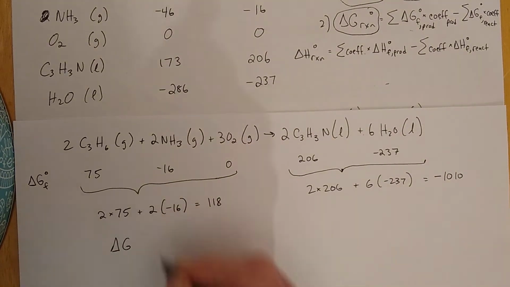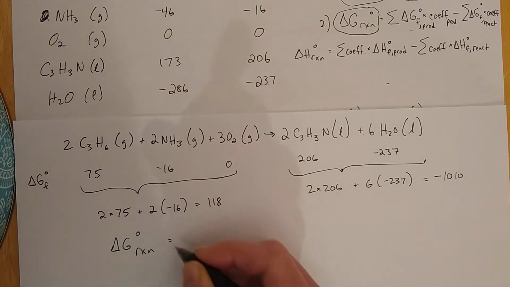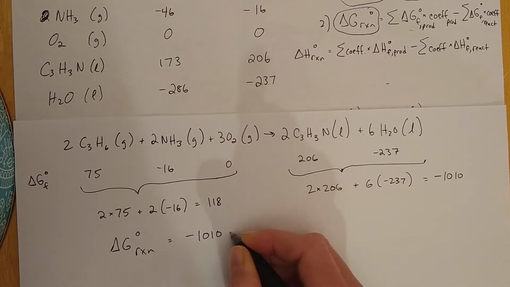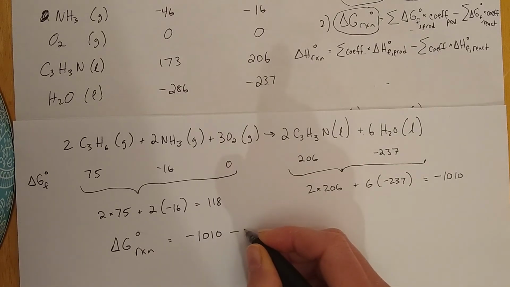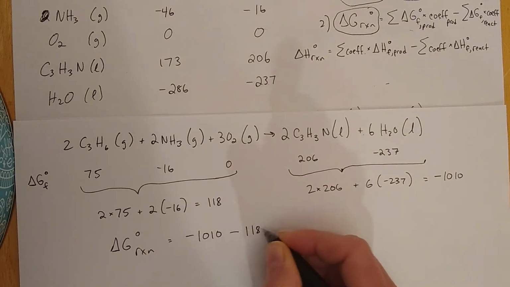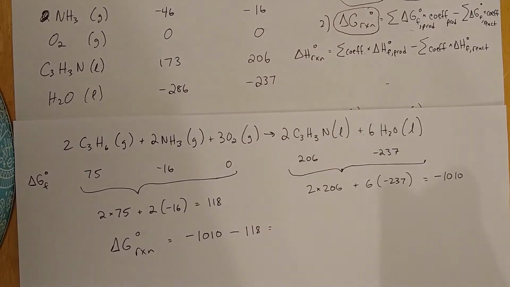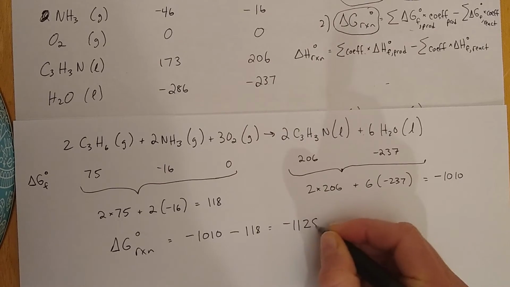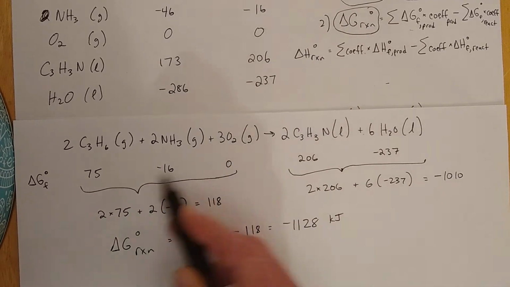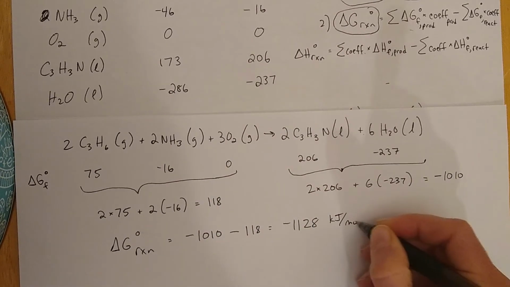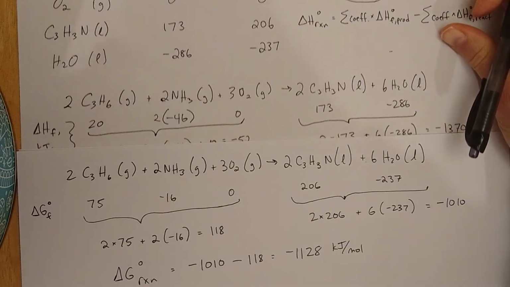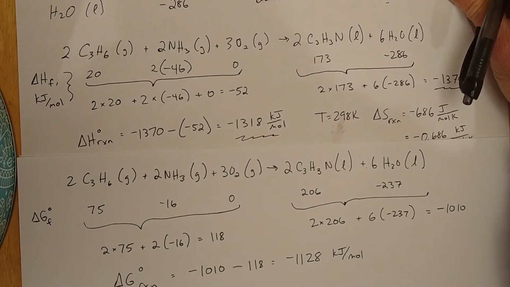So the free energy change of this reaction is minus 1010 minus 118, and that gives me negative 1128, and the units on all of these guys were all kilojoules per mole. So let's see how that compares to the other approach.